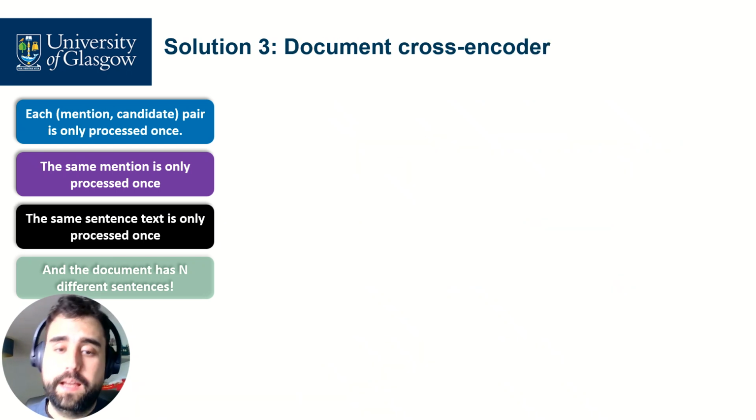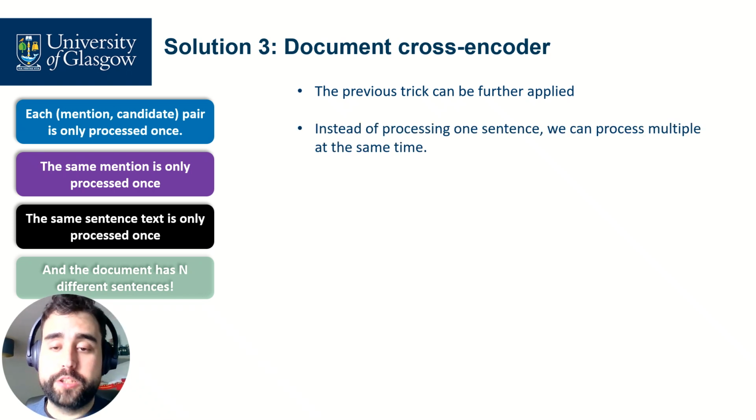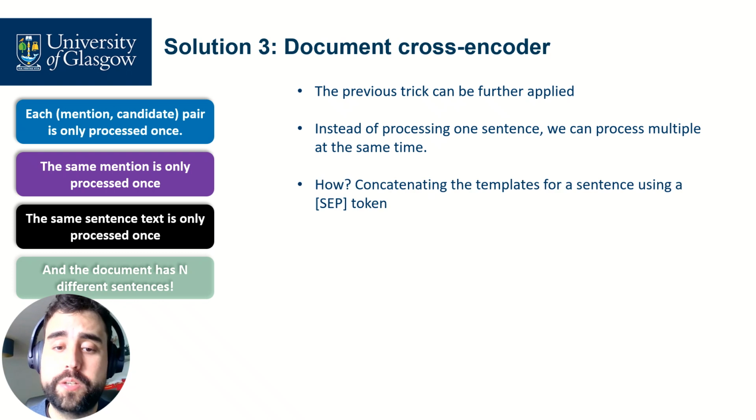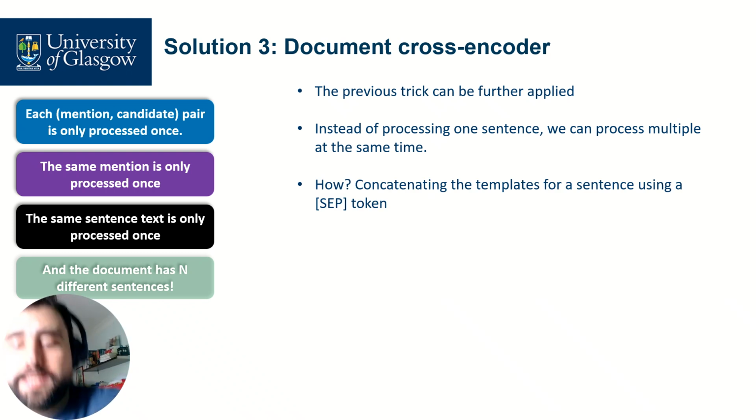With this, each sentence is only processed once. So we have one call per sentence to the cross-encoder. But of course, we can apply this trick further, in the sense that we could process multiple sentences at the same time. For example, we could take the template, add a sep token between sentences, and concatenate sentences that way.